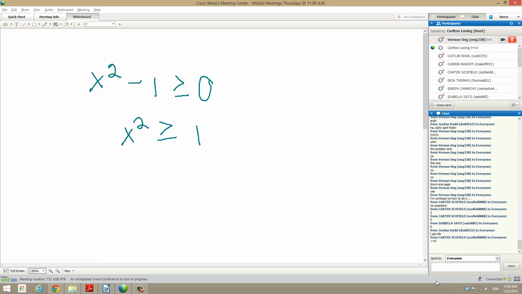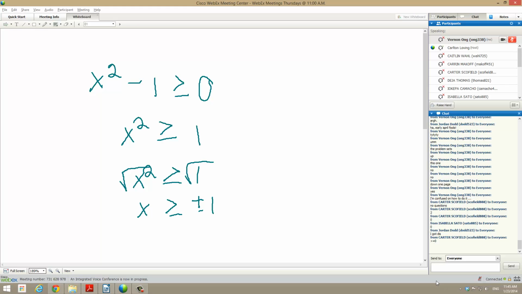So take the square root of x squared greater than or equal to the square root of 1. So we get x is greater than or equal to plus or minus 1. Right?